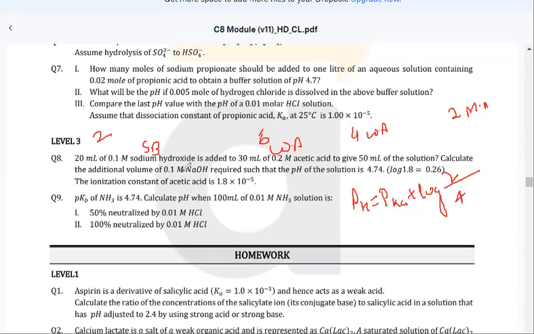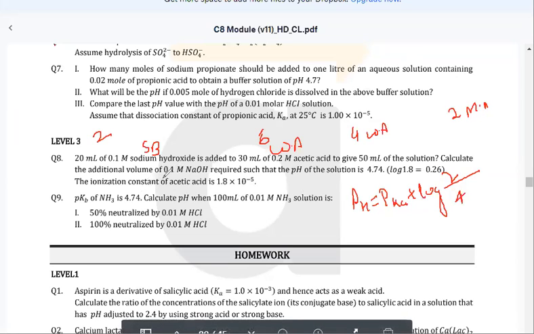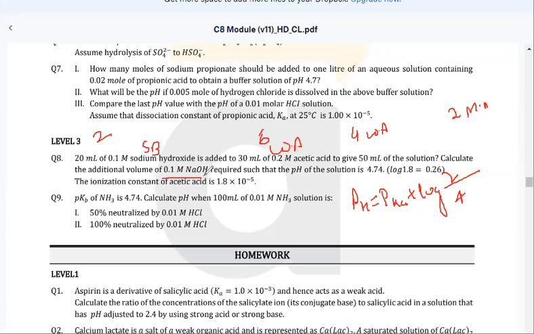But the question is to calculate the addition volume of 0.1 molar NaOH. It means 0.1 into V. If base is added, salt concentration will increase, so it is plus 0.1 into V, and acid concentration will decrease, so minus 0.1 into V. Now pH is given, pK is given, right? So can you calculate the value of V? Tell me yes or no. It's just putting in the formula.